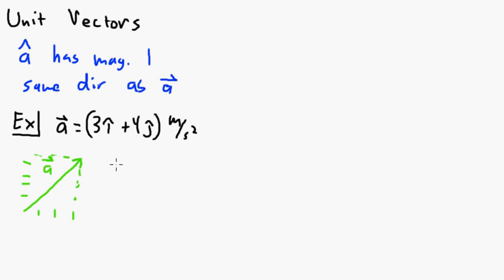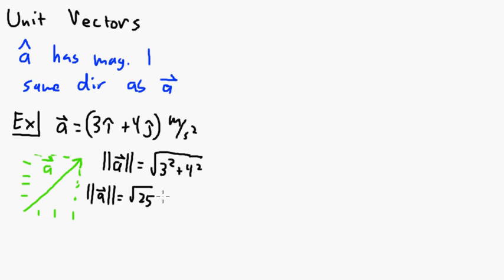What we do is we take the magnitude of this A vector. So the magnitude of A is going to equal, we just take the Pythagorean theorem, square root of 3 squared plus 4 squared. And so the magnitude of A is square root of 25, and that's 5. But what's the units on the magnitude?